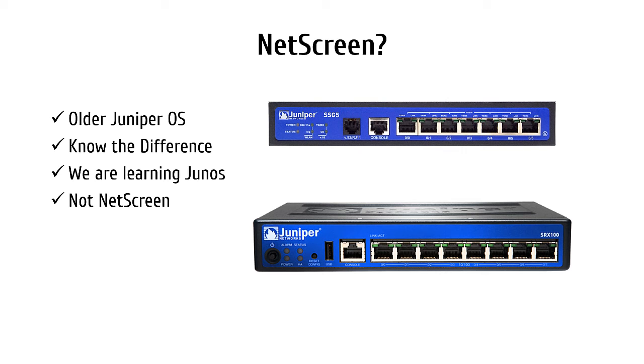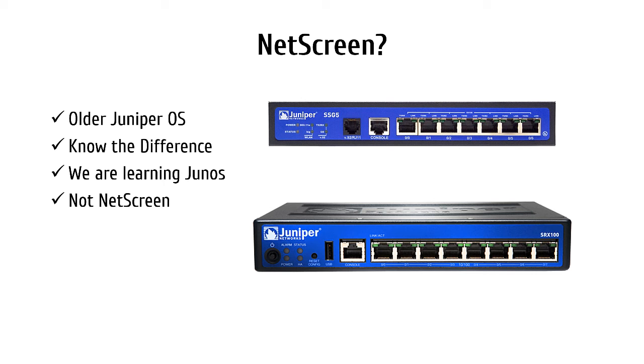Juniper purchased a company called NetScreen back in 2004 and incorporated some of their products, including the ScreenOS. All of Juniper's ScreenOS products have been phased out and replaced with Junos OS devices. So if you're looking for a lab device to use as you work through this course, make sure you end up with a device that runs Junos and not ScreenOS, or you might wind up pretty confused.